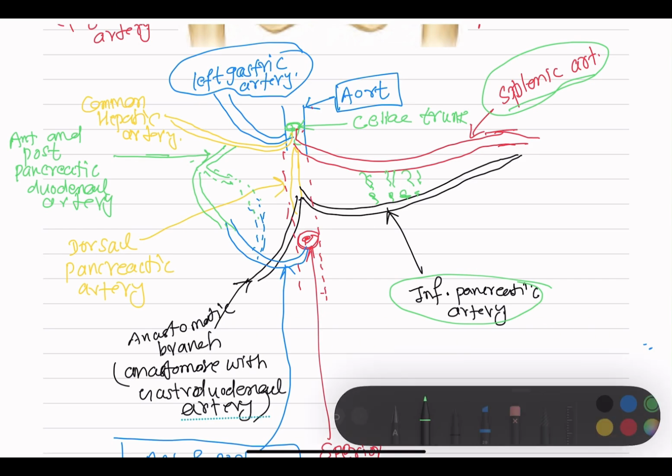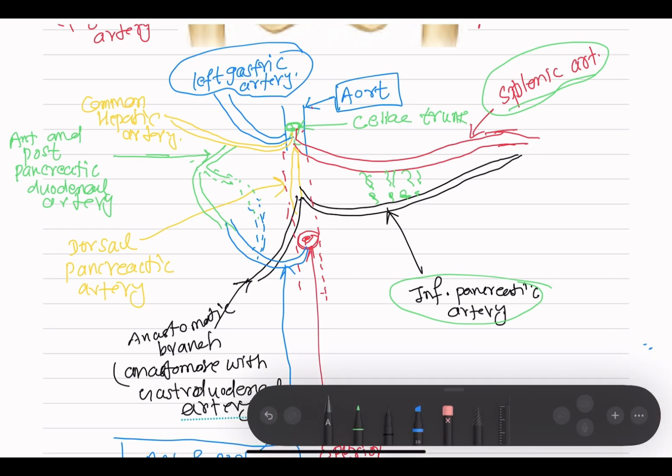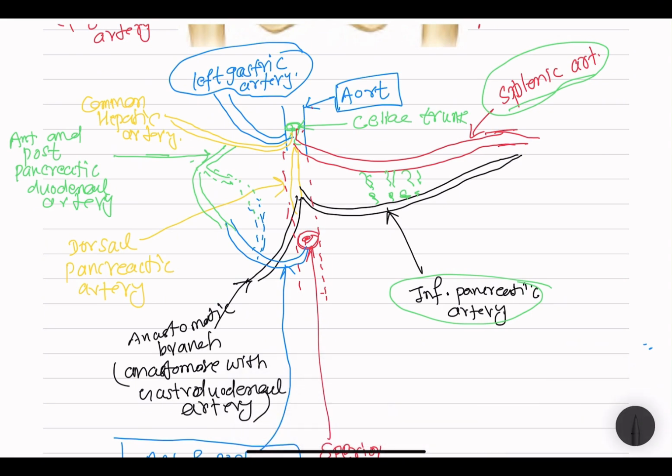And there is one more important branch, from the splenic artery and from the inferior pancreatic artery, both unite and form the artery of the tail.